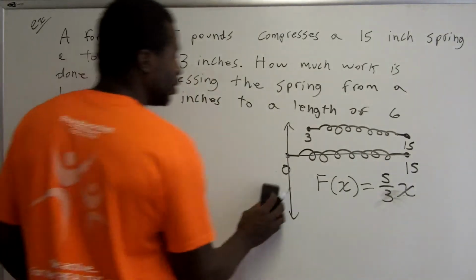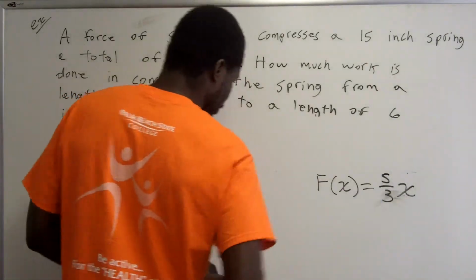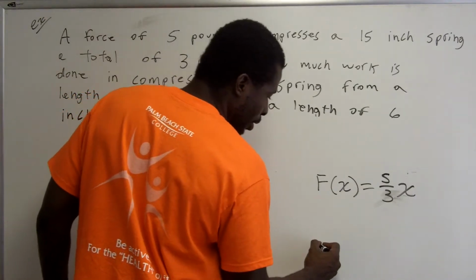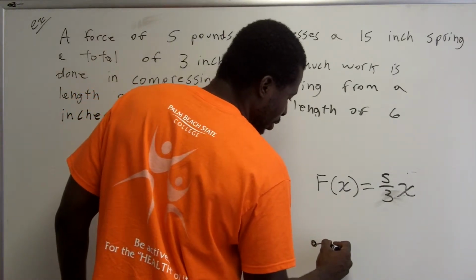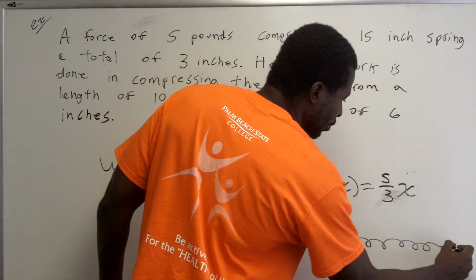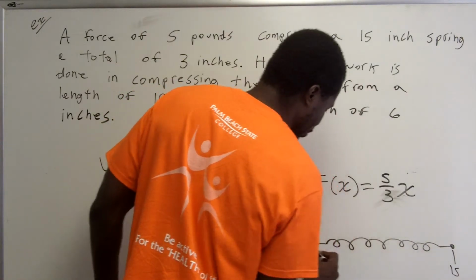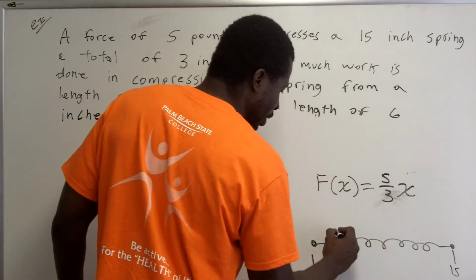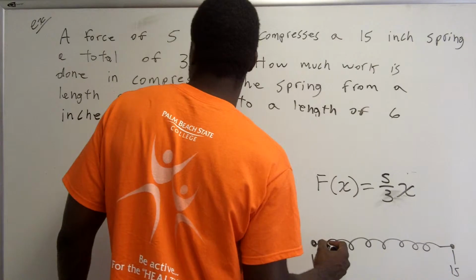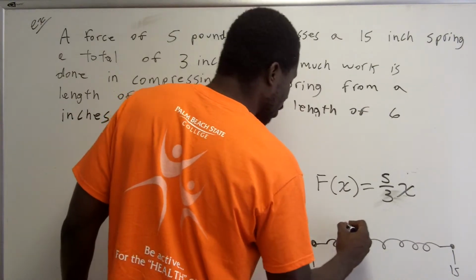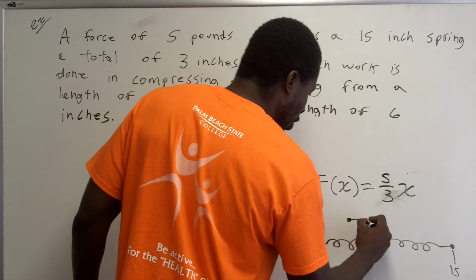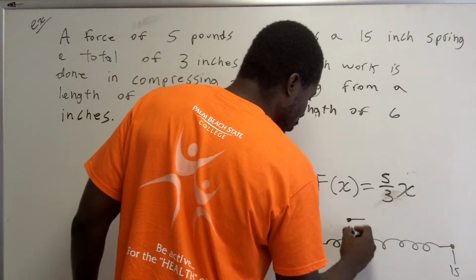Let me draw a picture here for you. If this is the original length of the spring, 15, and this is 0, first I'm compressing the spring to 10 inches, which means I'm moving from 0 all the way over to 5 over here.